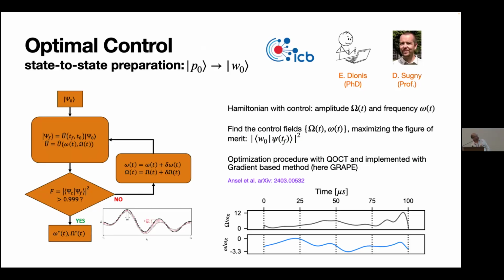And then we need to find this best scheme for omega and omega, the amplitude and the frequency, that will maximize the figure of merit, which is our propagated state to the Floquet state. For that, they implement their recipe from the quantum optimal control, and in particular, they use the GRAPE algorithm as well that we have heard just in the previous talk.